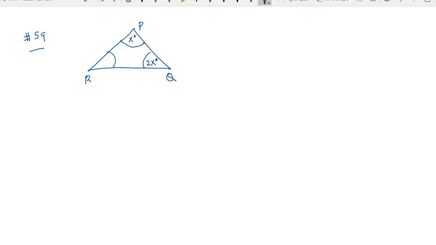Now we know that angle R plus angle P plus angle Q is equal to 180 degrees. So angle R, let's put in the values now for angle P, which is x degrees. Angle Q is 2x degrees. And this will equal 180 degrees.